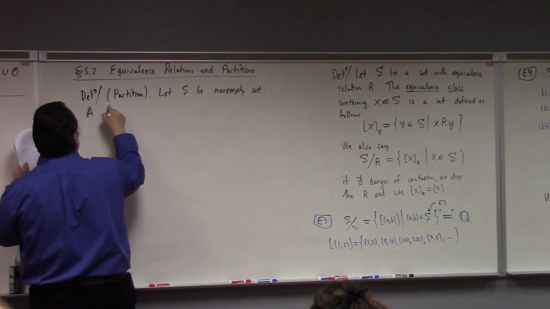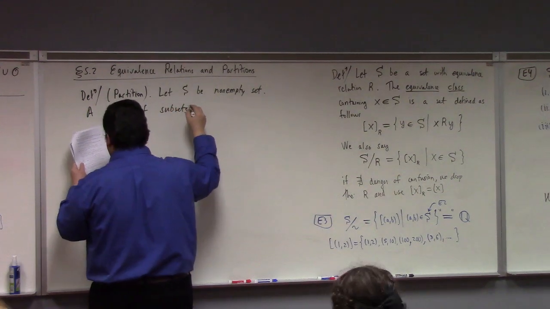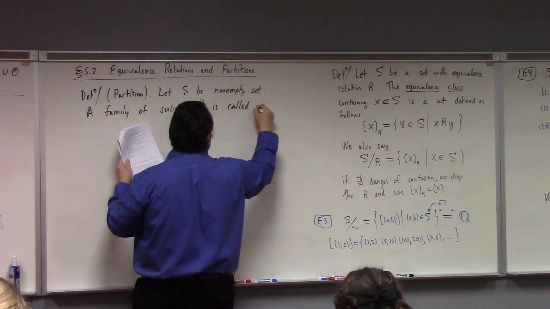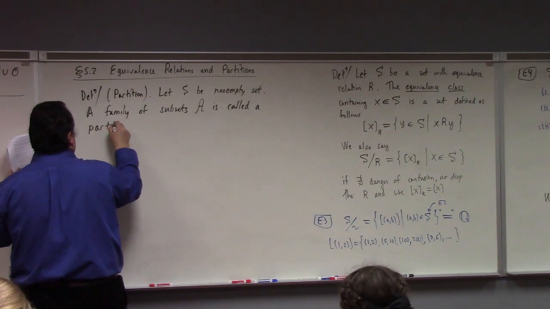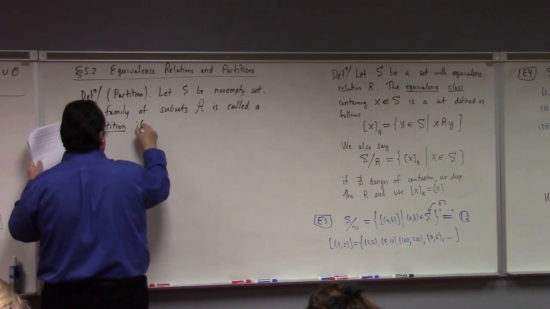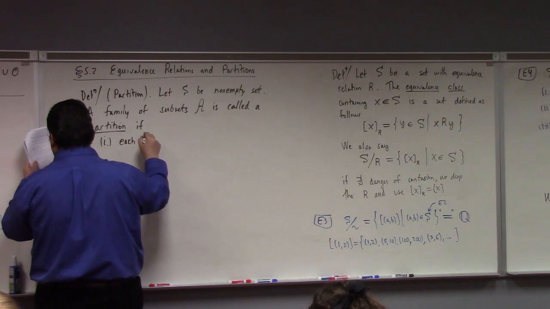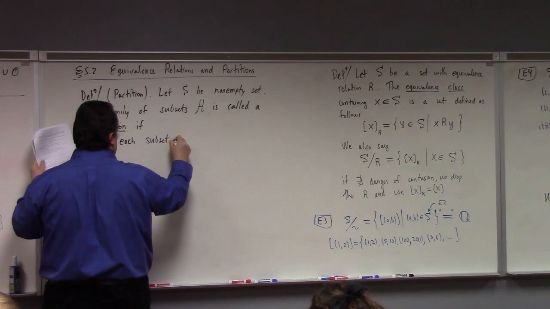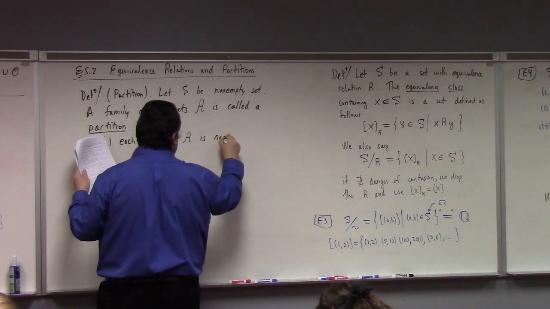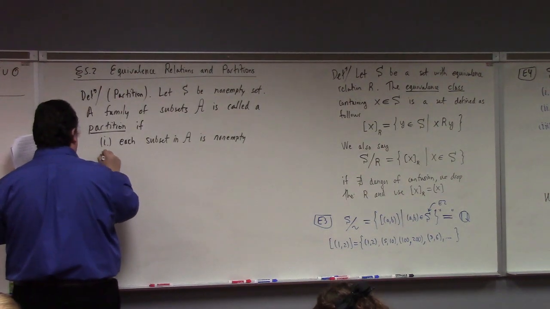A family of subsets, let's call it A, is called a partition if, number 1, each subset in A is non-empty.